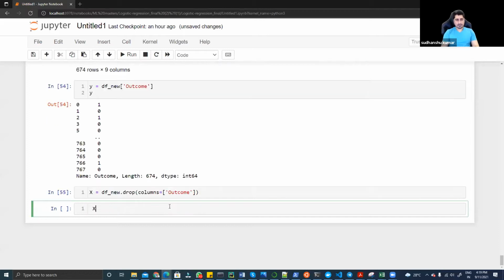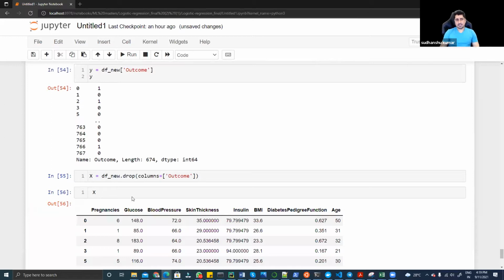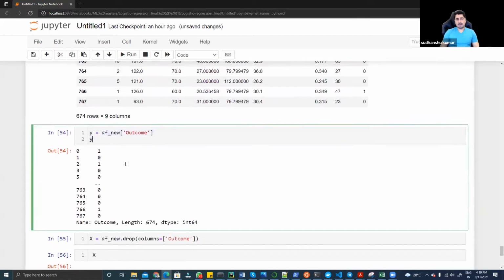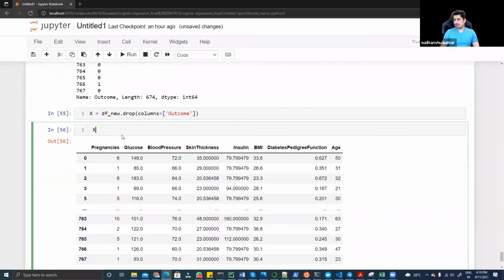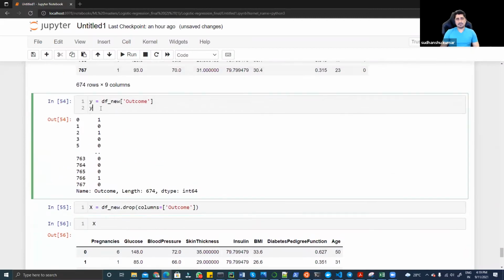Okay, so this will be my X over here. This is my Y that I have created, and this is my X that I have created. Very simple, right? So after doing a certain treatment, I'm able to separate X and Y in this particular place.